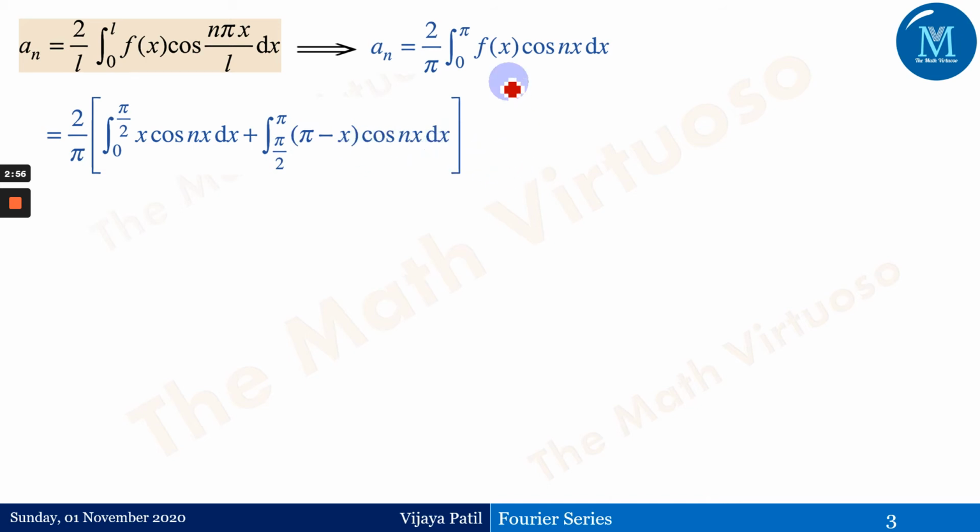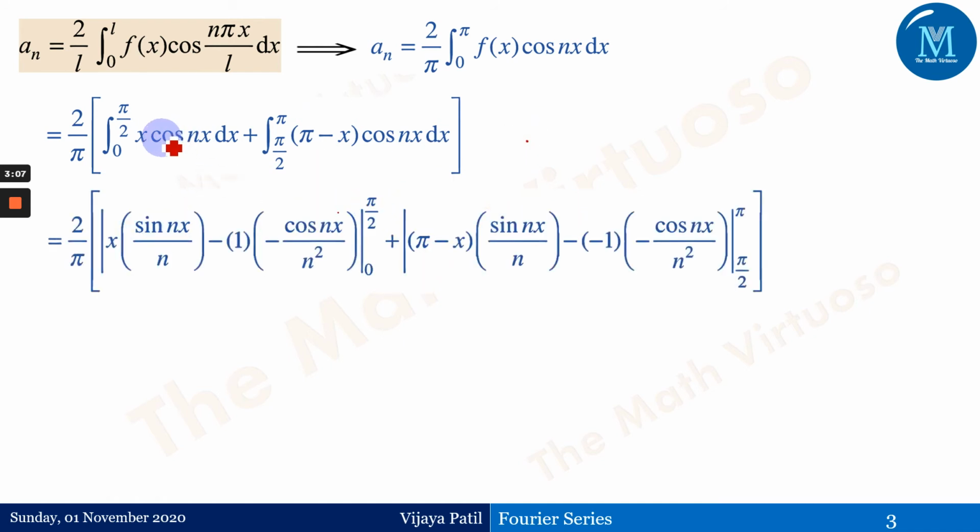So that means we have got two integrals here. The integral 0 to pi has been divided into 0 to pi by 2 and pi by 2 to pi. Now for x into cos of nx, we will use the LIATE rule, with x as the first function and cos of nx as the second.